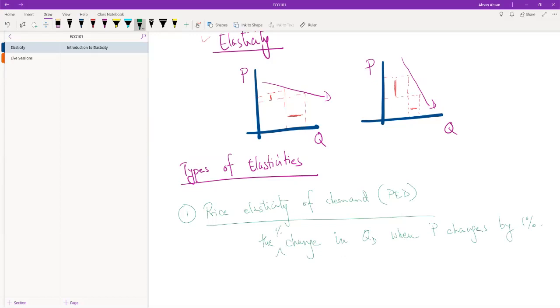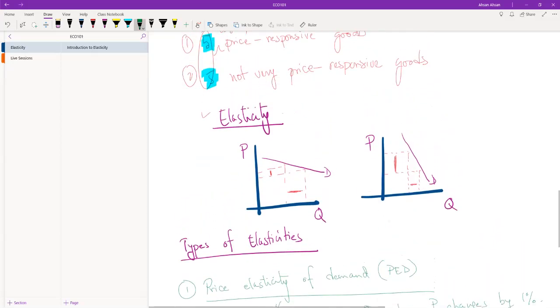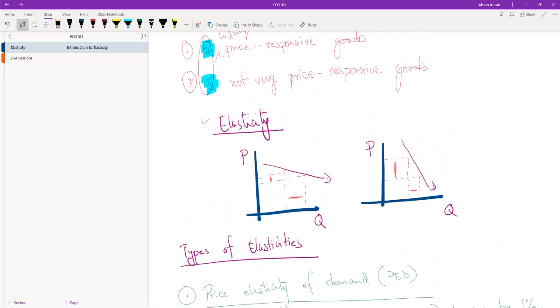For example, suppose we're talking about medicines, and what we would expect is that if price changed by 1%, the quantity demanded should change by less than 1%. And that is precisely what we saw here, that a relatively large change in price would lead to a relatively small change in quantity demanded.